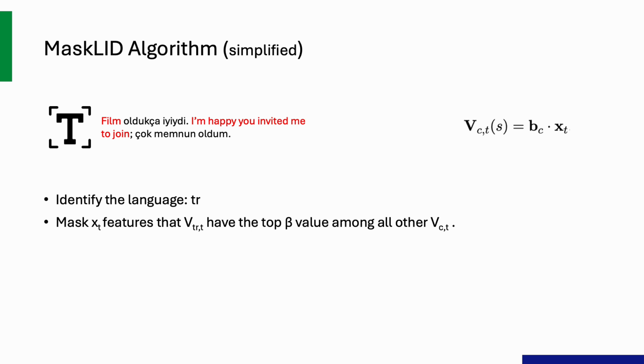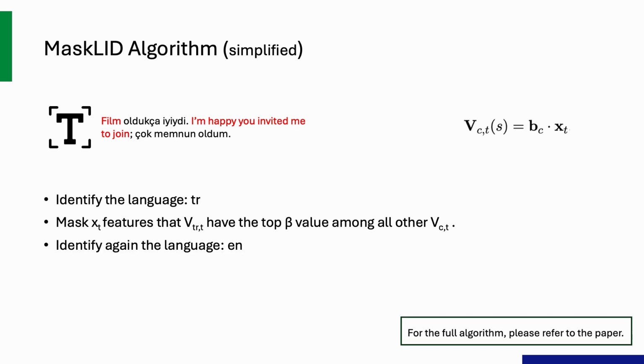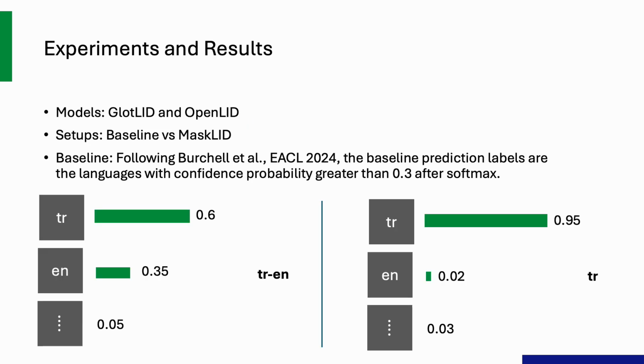We set the beta value before the start of the algorithm with the help of validation data. Now that the features from the first language are masked, the second language can be predicted, which in this case is English.